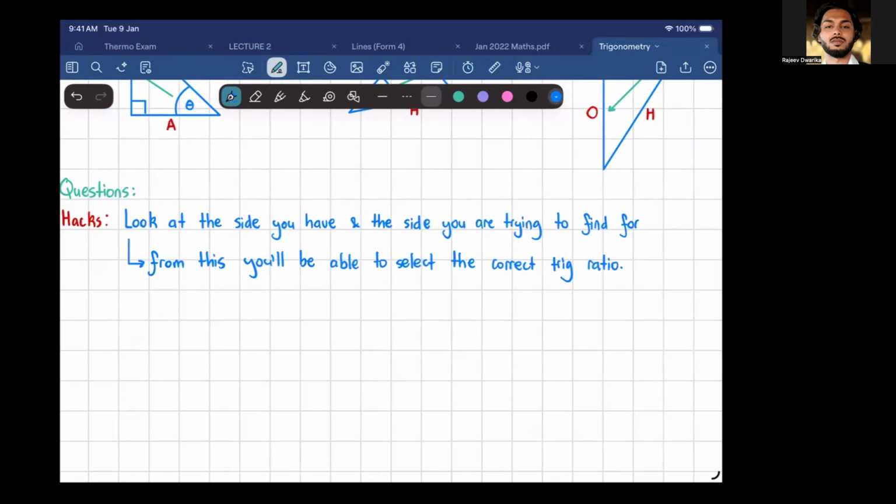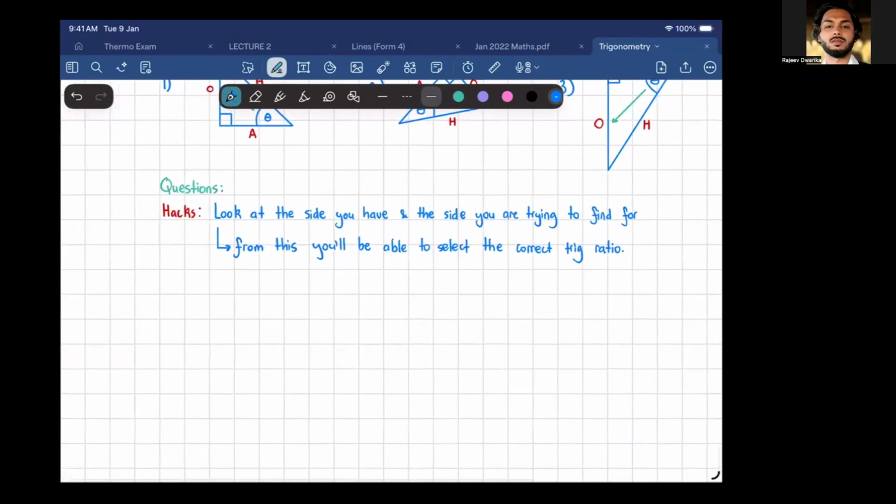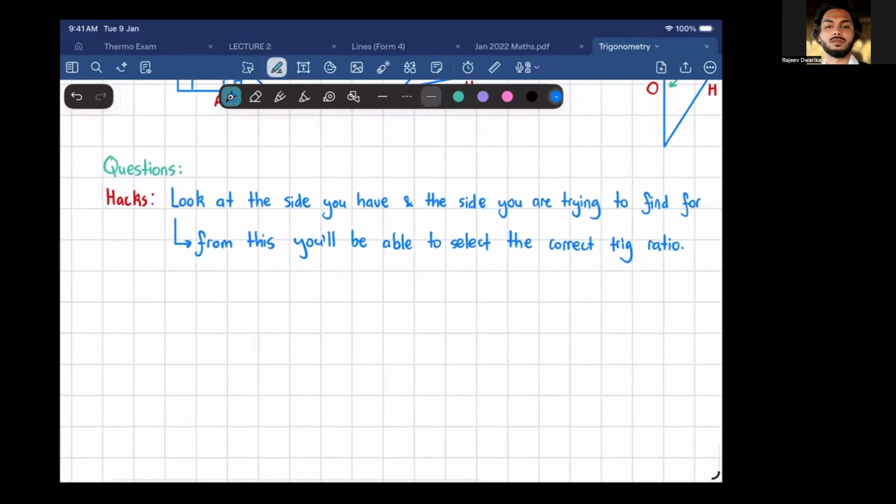Right, so guys, you'll see how it'll make more sense when I give you a question. But again, look at the side you have and the side you're trying to find for. From this, you'll be able to select the correct trig ratio because there are three. All right, question one.